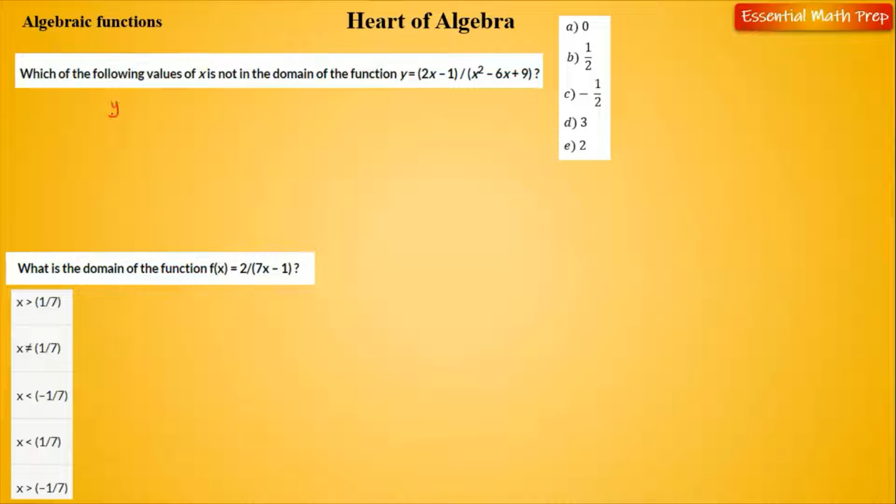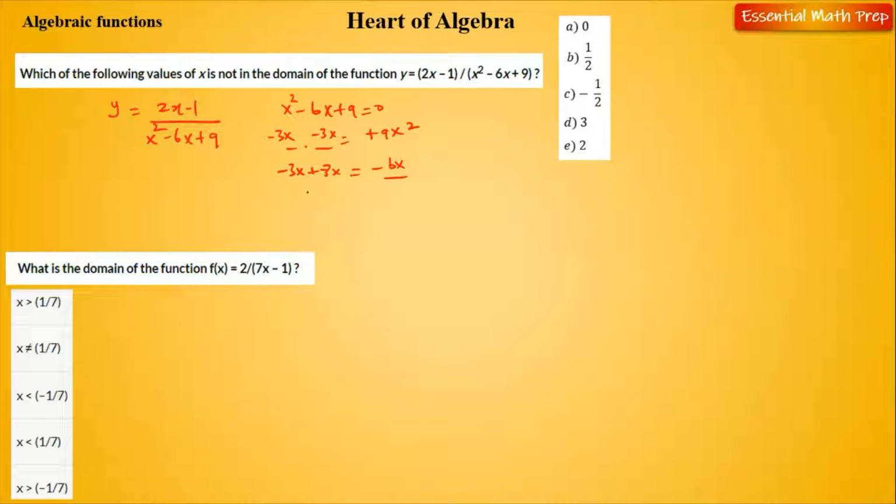So y equals 2x minus 1 over x squared minus 6x plus 9. We have a quadratic equation in the denominator. So x squared minus 6x plus 9 equals 0. If you multiply negative 3 times negative 3, you get plus 9. If you add negative 3x plus negative 3x, you get negative 6x.